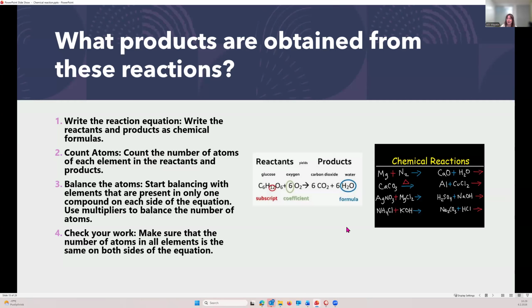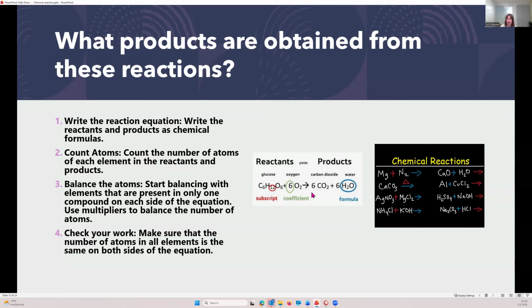Okay, so here are just some chemical reactions, and then you get some products. And here is, for example, a reaction again. So this is the opposite of the one that we had earlier. You have glucose and oxygen, and then they form carbon dioxide and water.